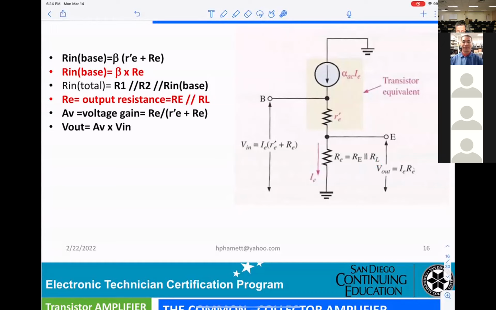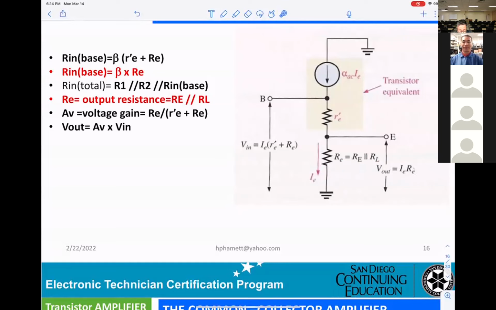So if you want to calculate the R in base, you get beta times R prime E plus that one. However, R prime E is too small compared to R big small e. So that's why they ignore R prime E.